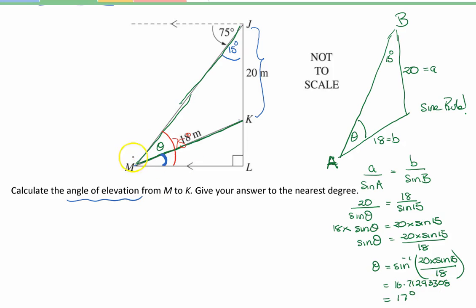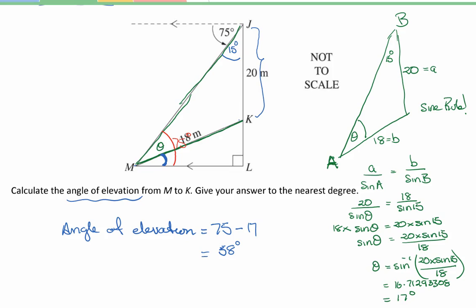Now, back to the actual question, which was the angle of elevation. Therefore, what did we say? We said that the angle of elevation from M to K, just this little bit down here, is the whole of 75 take away the theta that we've just found, which is 17, which is 58 degrees.